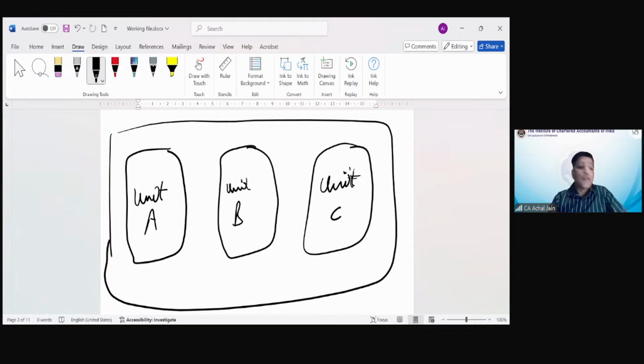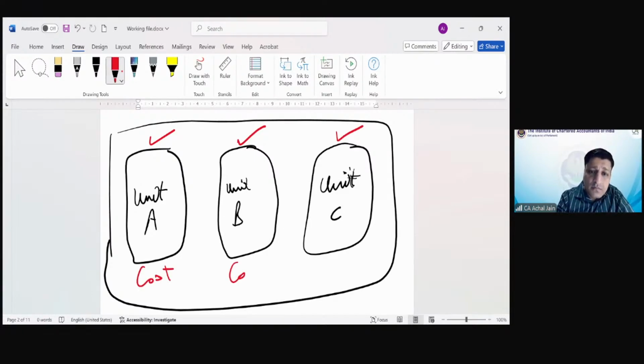Now, if you look at the contractor, it says the contractor has raised a separate proposal for each unit. For this a separate proposal has been given, for this a separate proposal has been given, for this a separate proposal has been given. Okay. And the contractor understands the cost for this unit, this unit, this unit. Separate costs are made available to him. Of course, when the proposal is given, costing for all of these units will always be available.